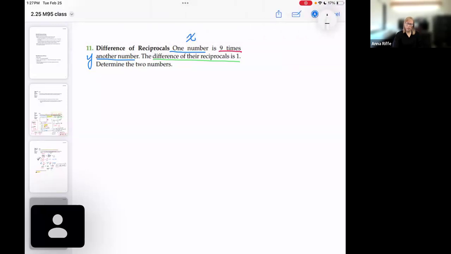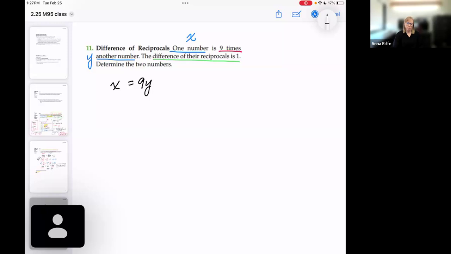One number is 9 times another number. So let that one number be X, which is 9 times another number. That number is Y. I don't want to call both numbers by the same variable or they would have the same value. So that's one equation. The second piece of information is that the difference of their reciprocals is 1.